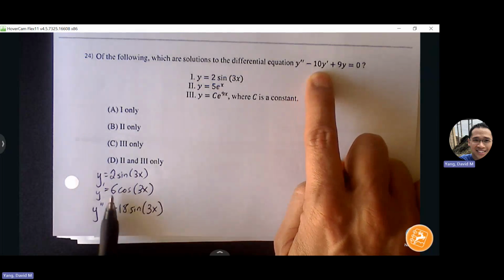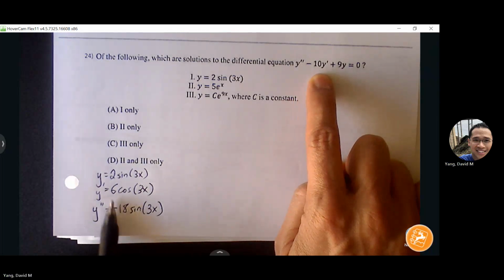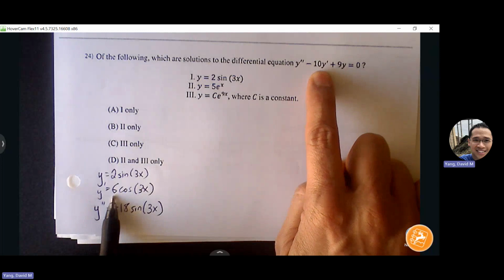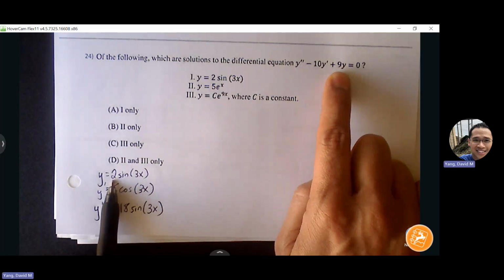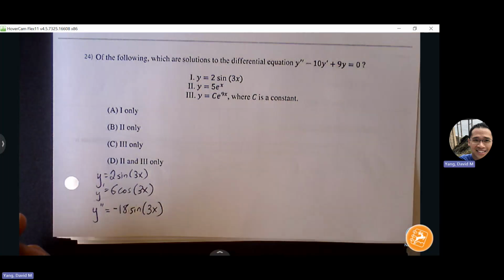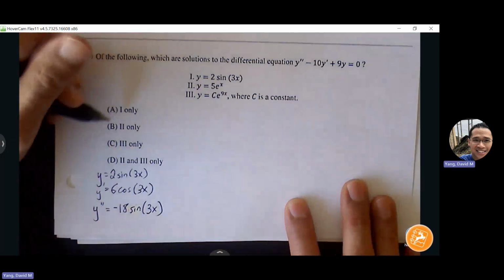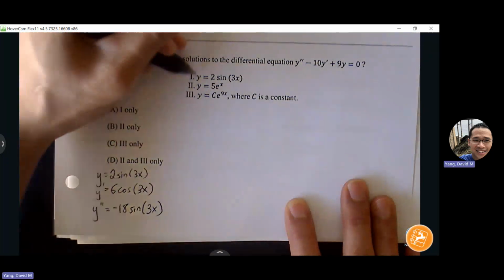Negative 18 minus 60 plus 9. There's no way that can get me to 0, right? So we know that this one's out.